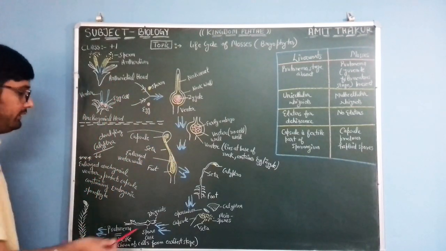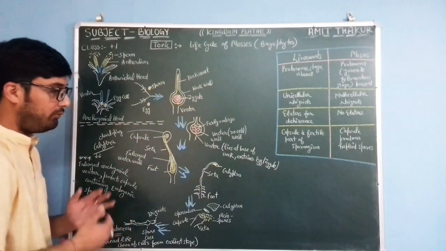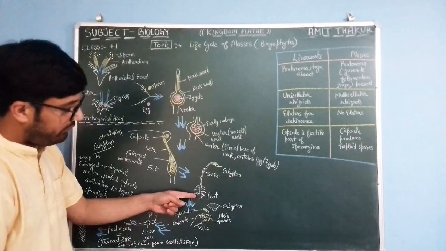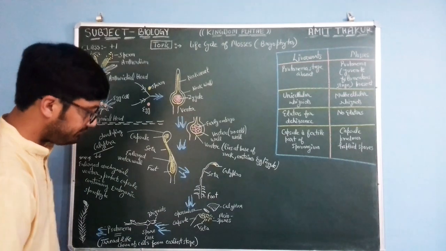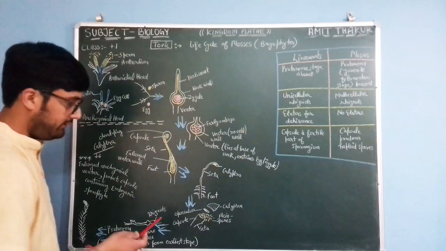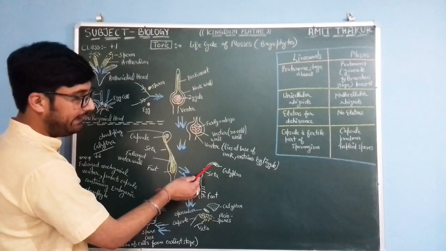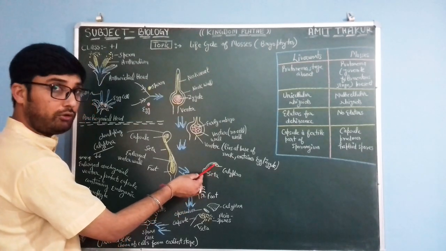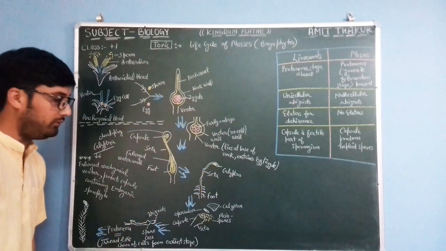Then this structure would be modified into this structure, foot. Here you can see appearance of the mature plant. Now you can see over here foot, setae, and this calyptra, and inside this calyptra the embryonic sporophyte is present along with capsule.